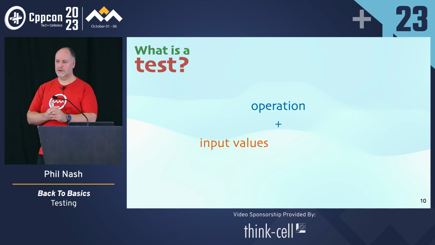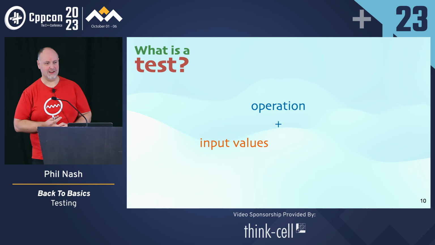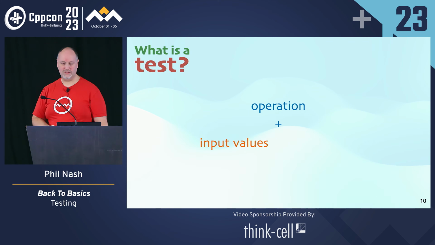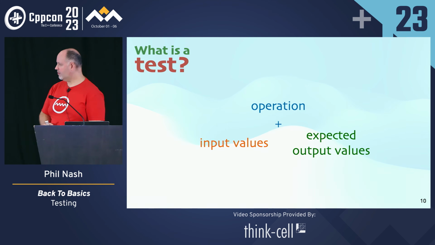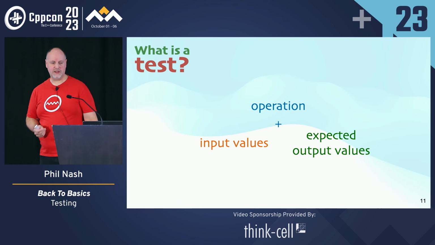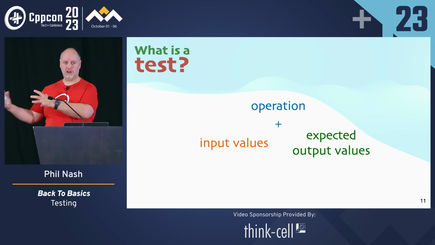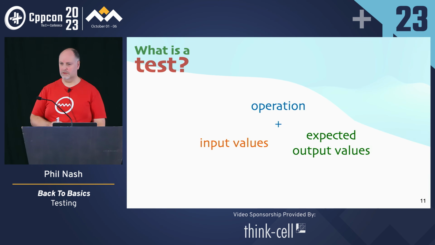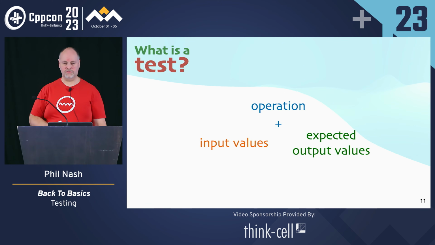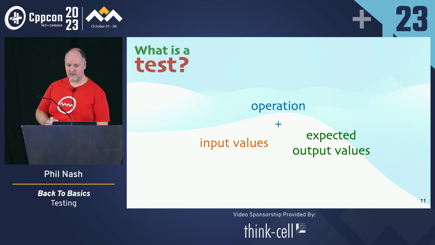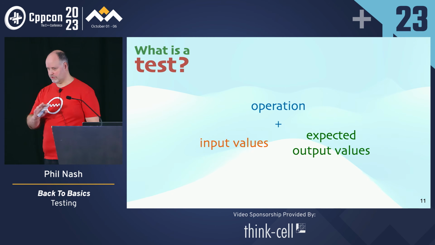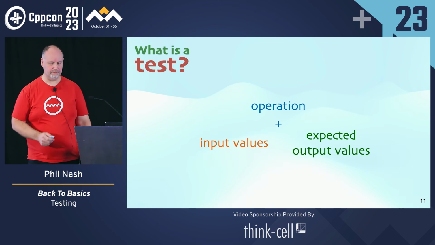Setting aside for the moment any judgment about whether that's a good idea, they are part of the input values. And then we have one or more expected output values, the return value of a function, the state you put a class into or an object into, even, again, setting a global variable. That's the expected output. Okay, hopefully nothing too surprising so far.